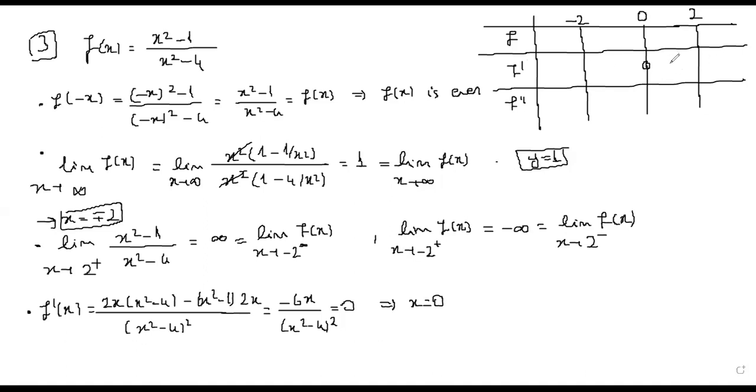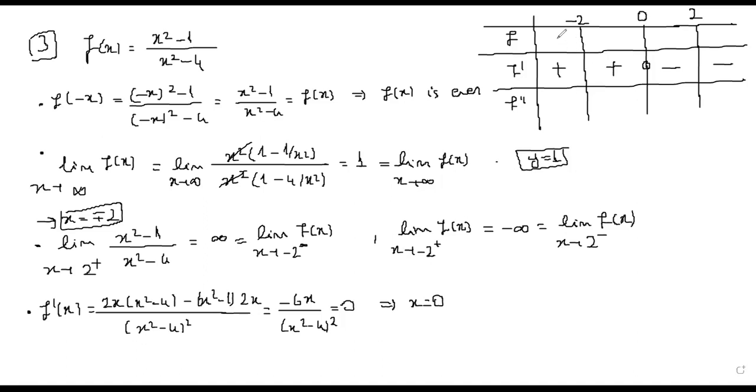When x is greater than 0, you see that this will be negative. The denominator is always positive, so we will have something negative here. So when x is greater than 0, the values of f prime are negative. And similarly, you can see that when x is less than 0, the values of f prime are positive.